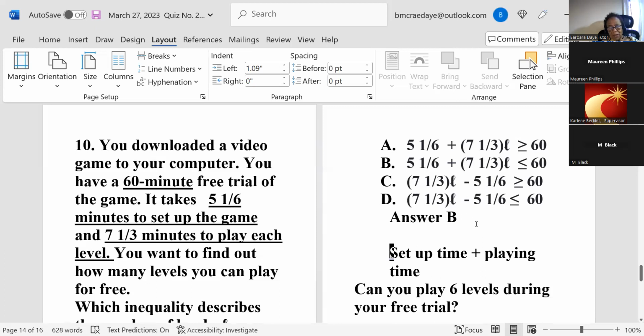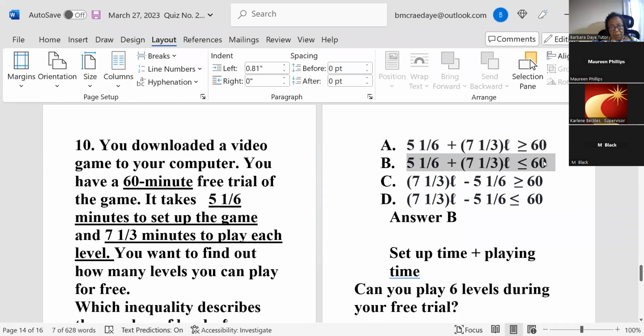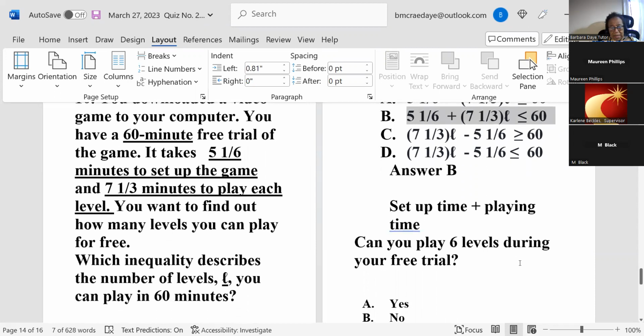Now, can you play 6 levels? So you take your answer B, and you don't really have to multiply it out because you can actually see the levels you can play.